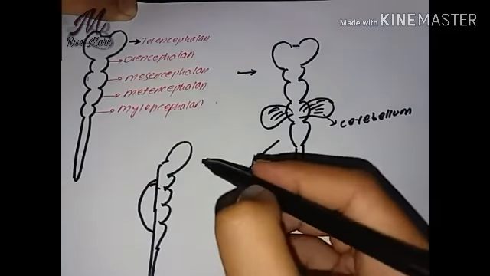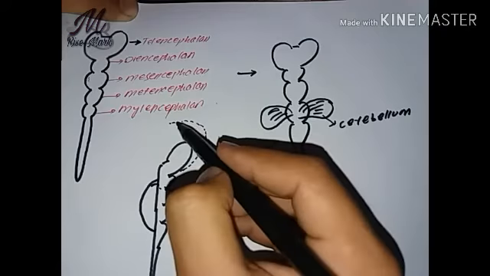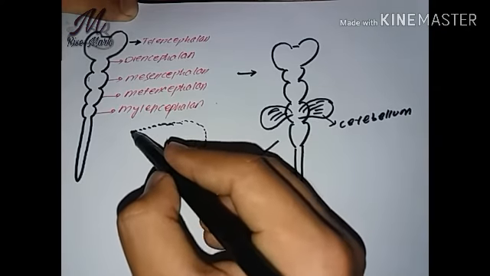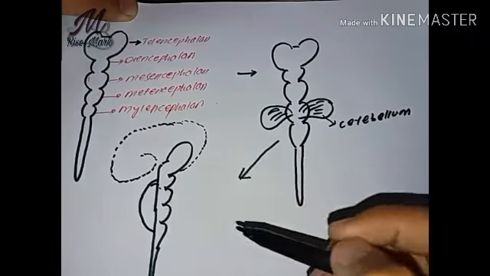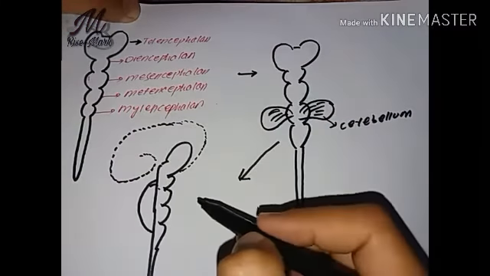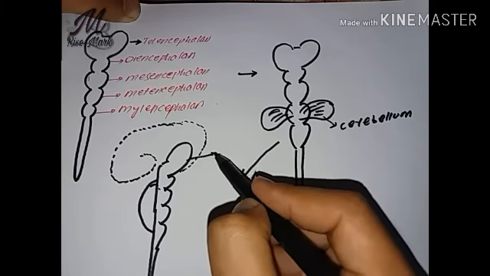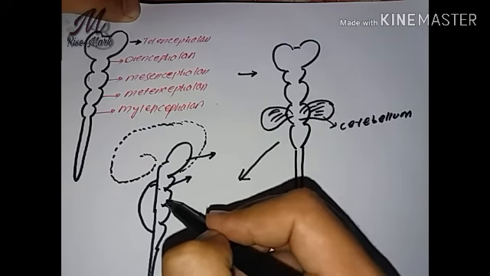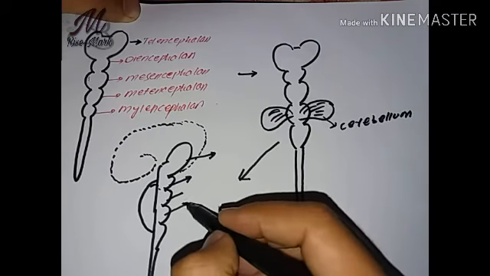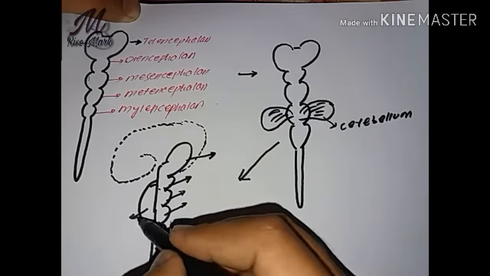Then the telencephalon will grow further and form the frontal lobe, parietal lobe, occipital lobe, and the temporal lobe. So this is the structure of the brain: the two cerebral hemispheres, then the diencephalon with the thalamus present here, the midbrain, then the pons and medulla oblongata, and then the cerebellum.